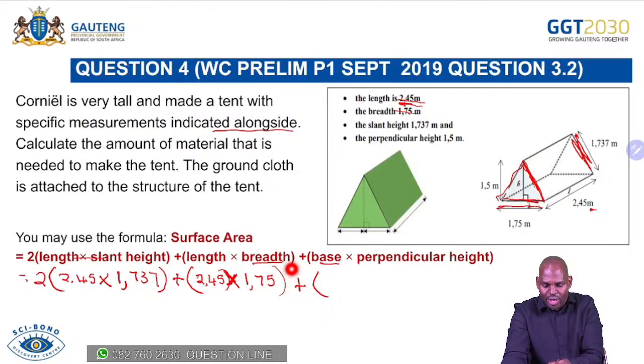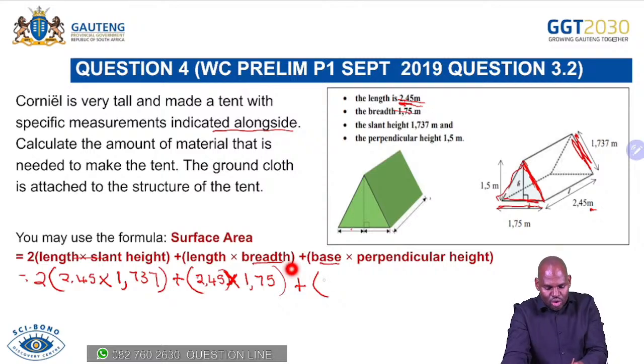Because if you look at the triangle, that 1,75 is the base of the triangle, but it's also the breadth of the bottom face. That bottom rectangle of the tent is in rectangular form. So if that is the rectangle, this is the breadth and that is the height. So this part is the breadth of the bottom rectangle, but it's also the base of the triangle.